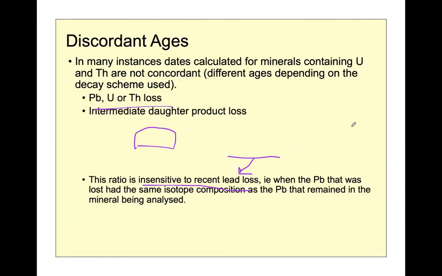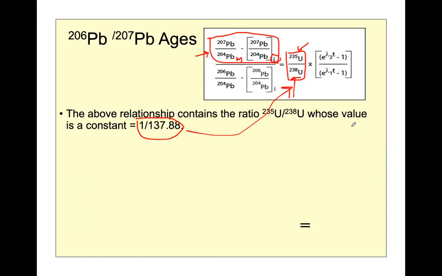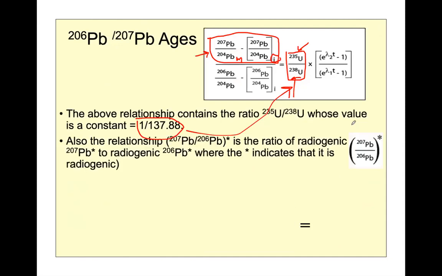So here it is measured minus initial amount for 207, and here measured minus initial amount for 206. That means the radiogenic product of 207 is here, and the radiogenic product of 206 is here.